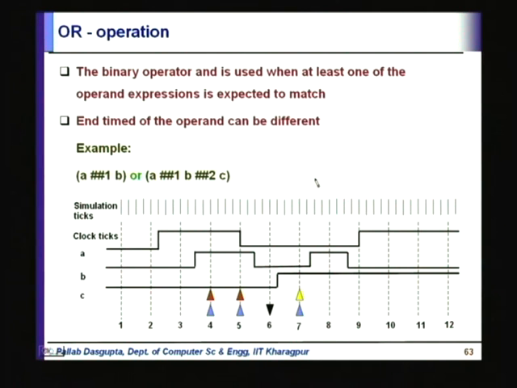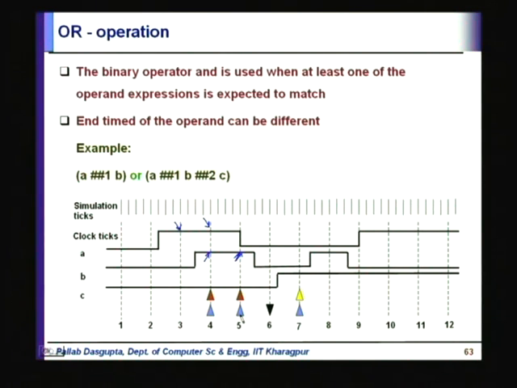That is not the case when you have OR. In case of OR, when any one of them has matched, you get a match. So, you see that here you had A, then here you had ##1 B. So, you get a match of the OR here. Then again you have A here, you have ##1 B here.